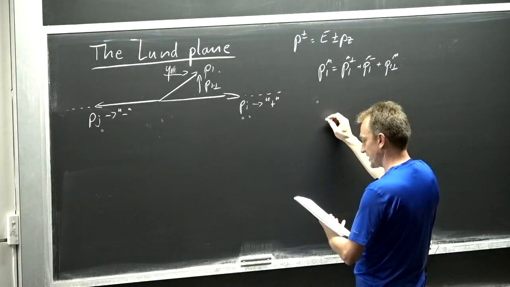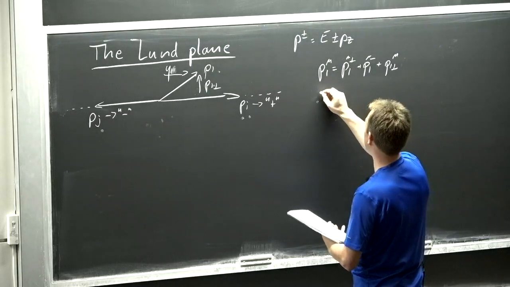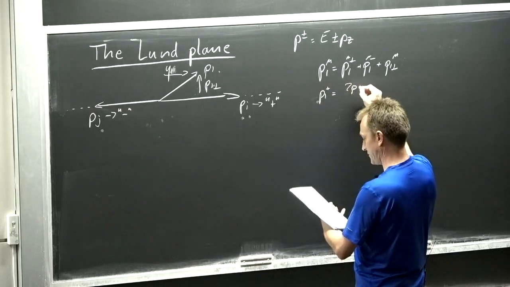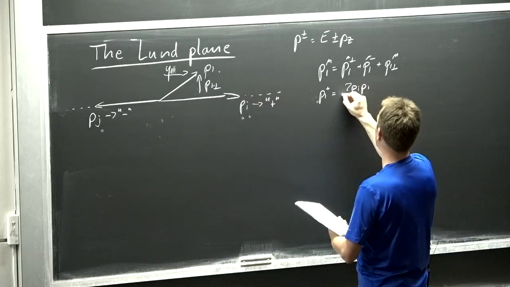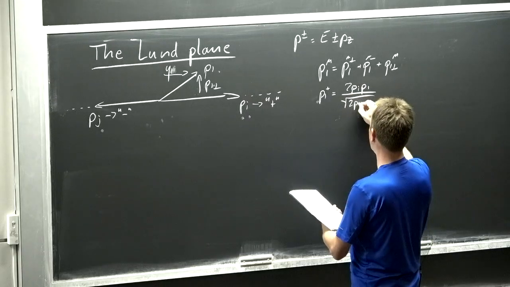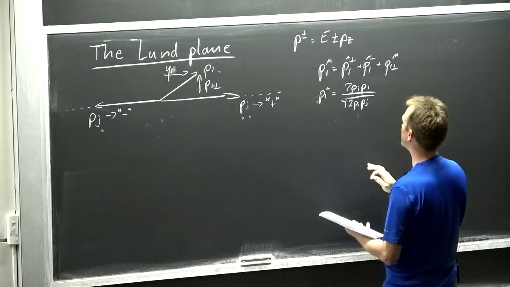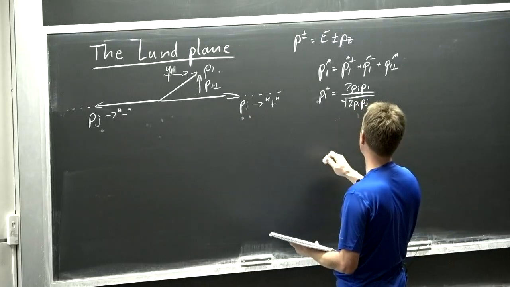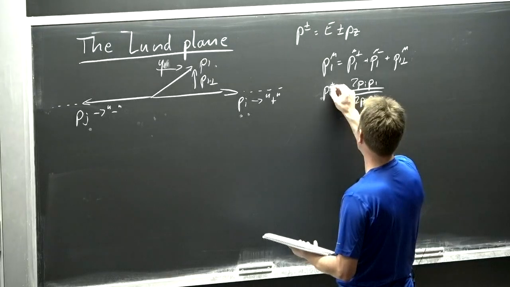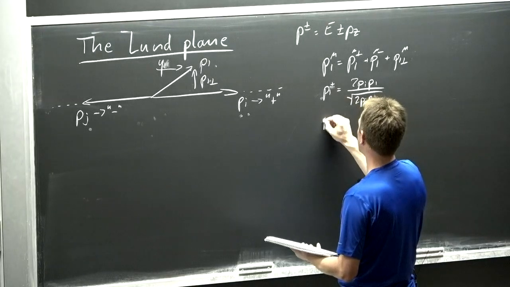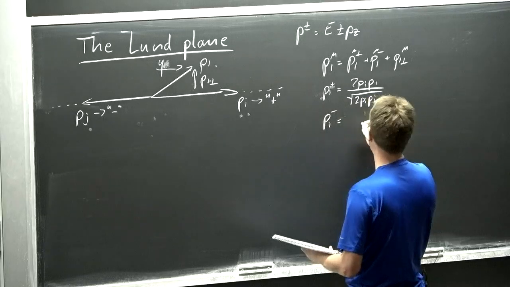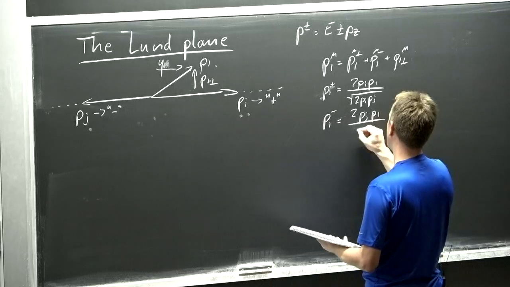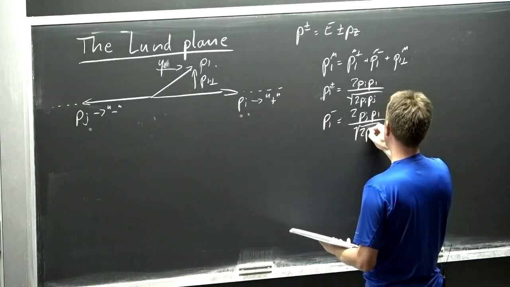And I can project out the individual components by saying, okay, P1 plus, for example, is the dot product of Pi dot P1 over square root of 2 Pi Pj, if I normalize it appropriately. I have to normalize Pi and Pj appropriately, but let me assume they are normalized, and I can do the same thing for the minus component, Pj P1 over root 2 Pi Pj.